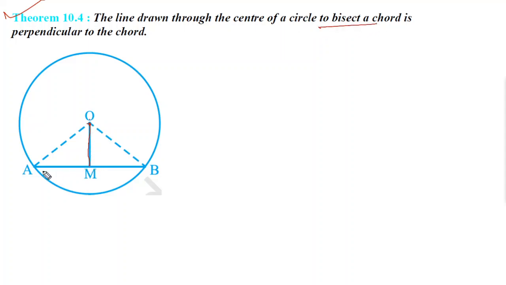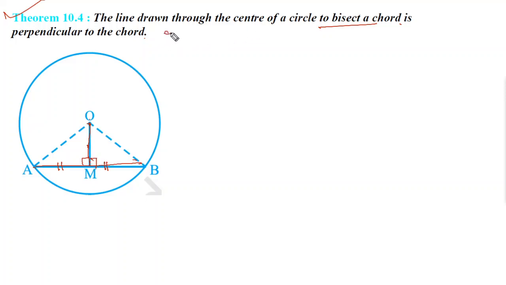That means OM is bisecting this chord AB, that means AM equal to BM. It is perpendicular to the chord. So we have to prove that angle AMO, this angle, is equal to angle BMO, this angle, is 90 degrees.